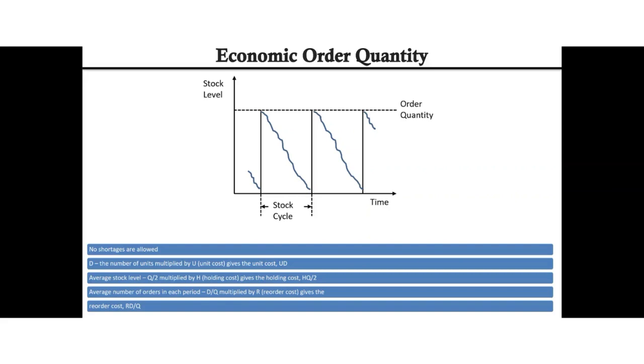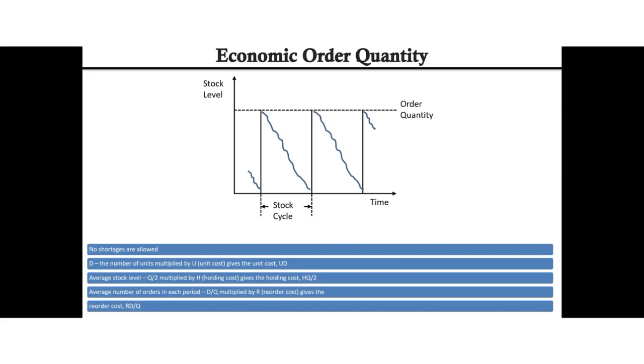We can find the total costs in each period of time by adding the four components of cost: the unit, reorder, holding, and shortage. No shortages are allowed, so we can ignore this component. The number of units bought each period is D, so multiplying this by U gives the unit cost component UD.